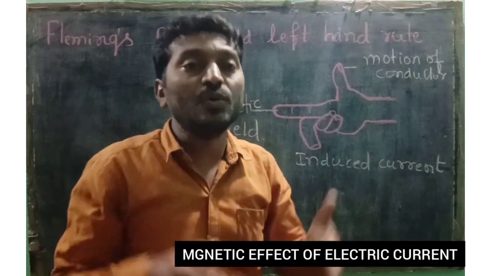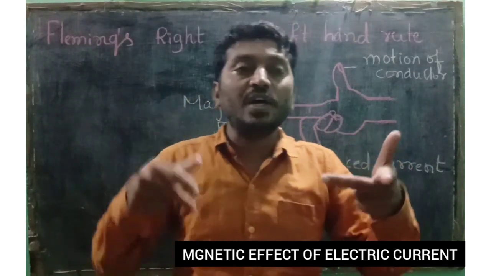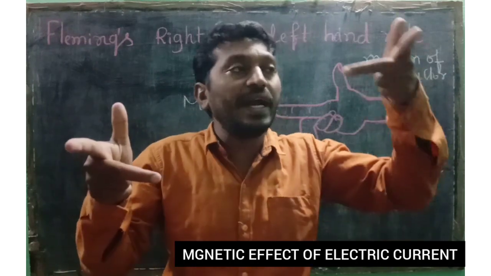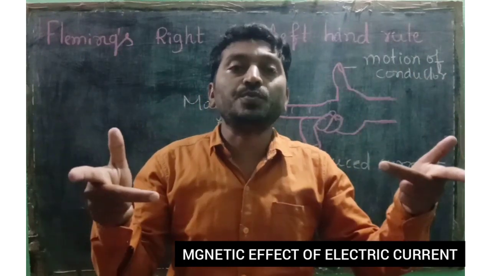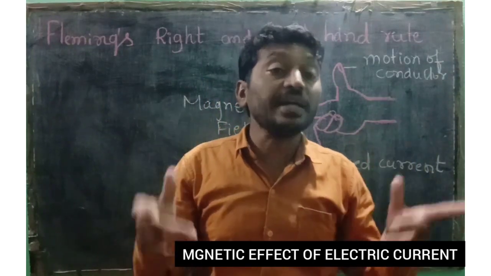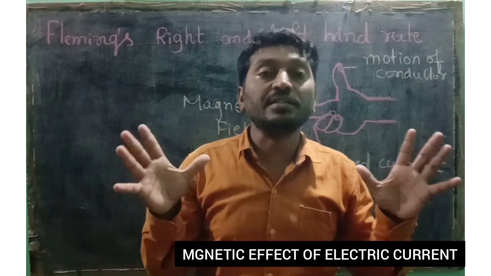So this is about Fleming's right hand rule and left hand rule. These rules are very useful to check the direction of the current and the direction of the magnetic field in the conductor.